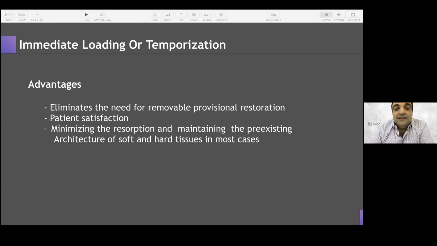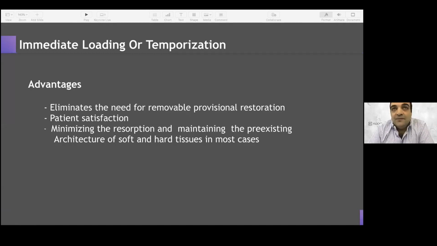It eliminates the need for a removable provisional restoration. We have to stop using a removable denture or flipper as a provisional for the patient. This is not good.